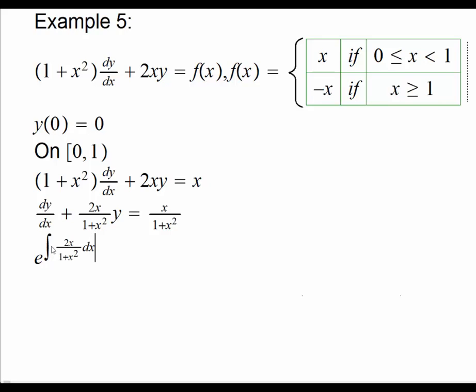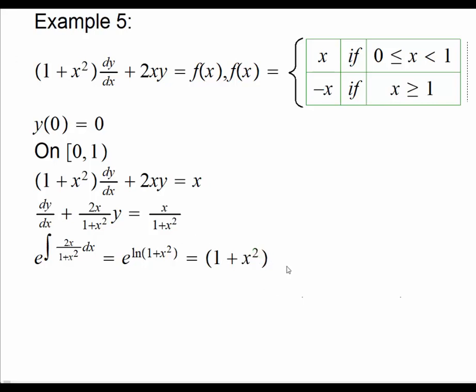And of course, your book has really conveniently formulated this question, because if you substitute for 1 plus x squared another quantity, say u, then this will become natural log of u. 1 plus x squared is positive all throughout, so there is no problem in the domain there. Of course, for the differential equation, we have a problem in the domain at x equals 1. So this comes out to be how much? 1 plus x squared.